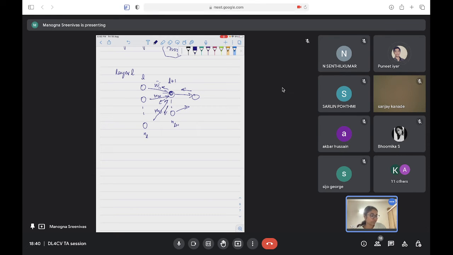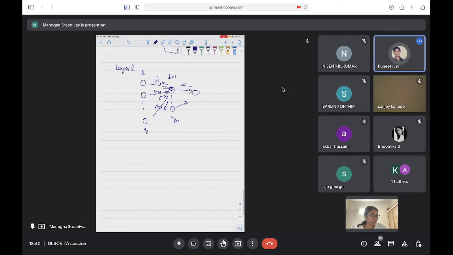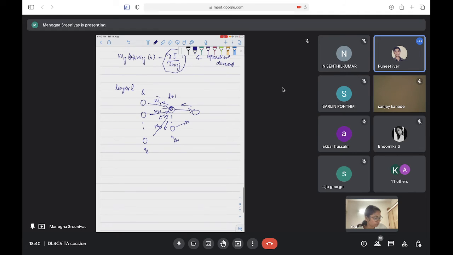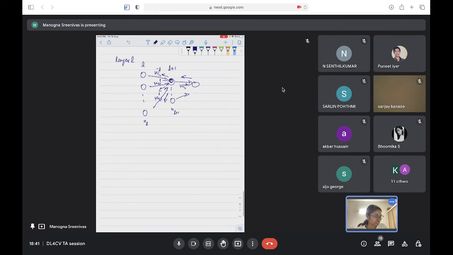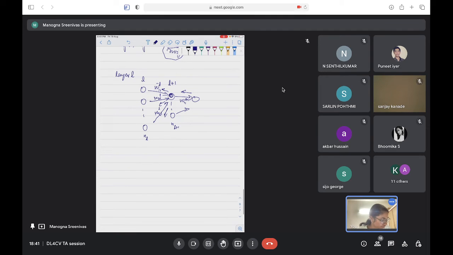Okay, so here, at this step, let me say this is W11 of L plus 1. This is layer L. Are these notations clear? It looks very messed up, I'm sorry.